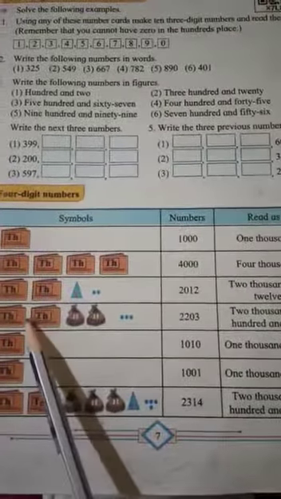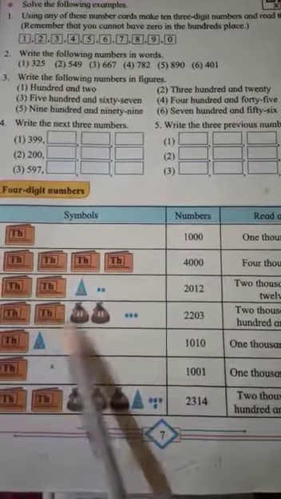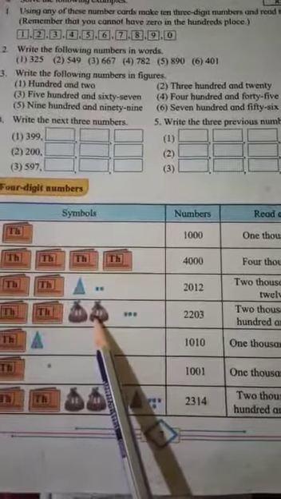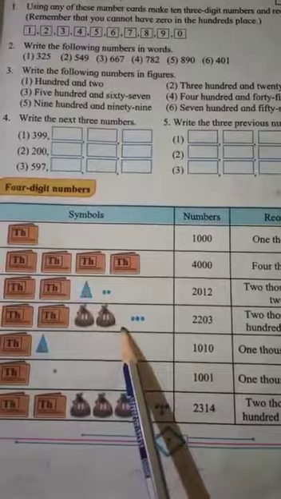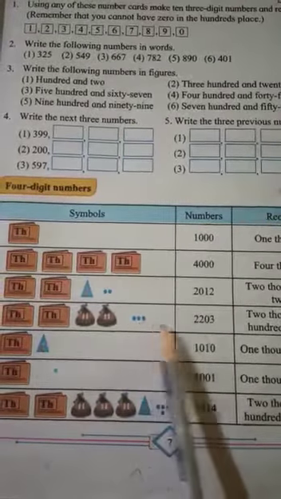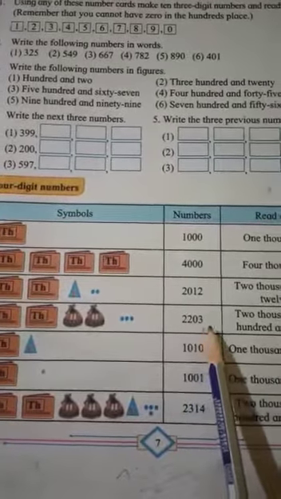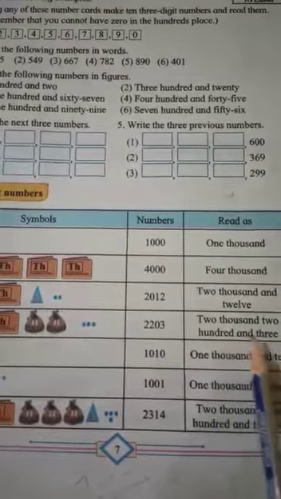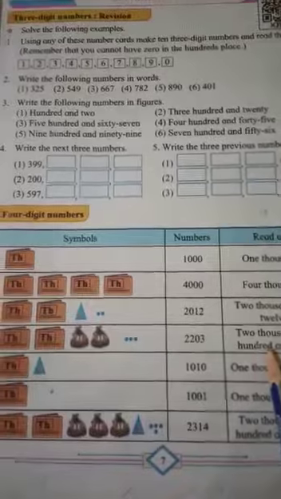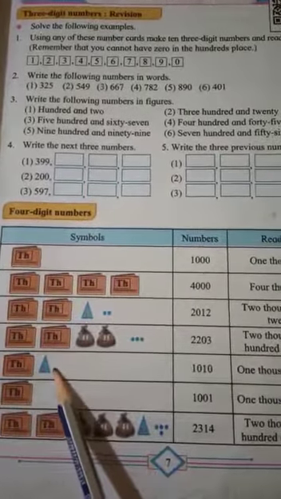After that, how many hundreds are there? 2. Tens 0 and unit 3. So 2203, and we read it as 2203. Getting or not? Come to the next.